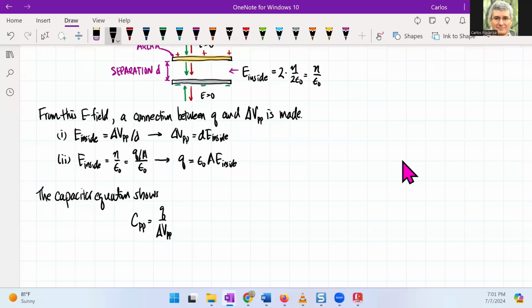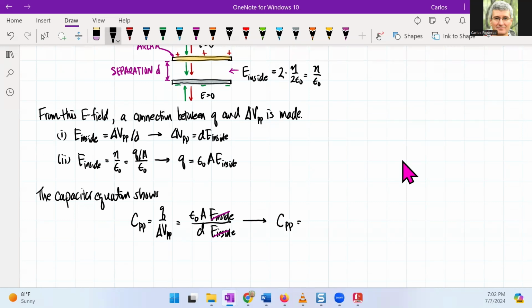But if we put in these other terms, you'll see that there's a cancellation of the electric field. So this cancels out with that. And so now we have the details here. Now the full capacitor equation reads like this.